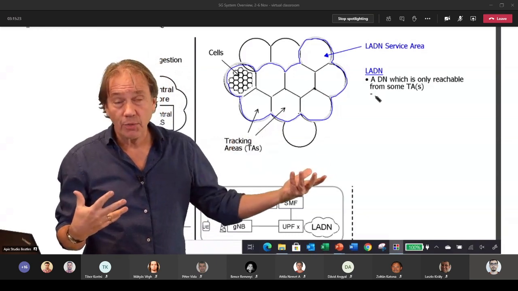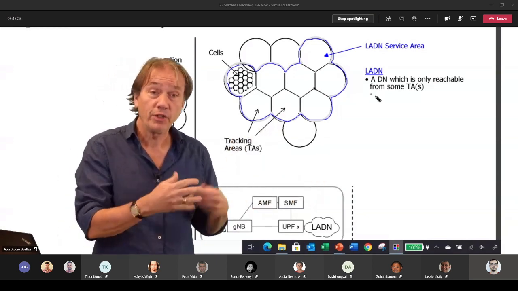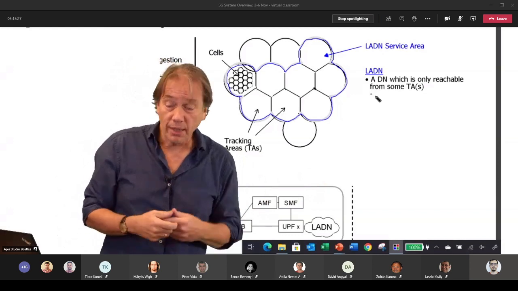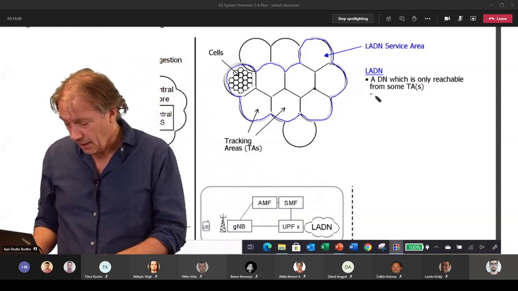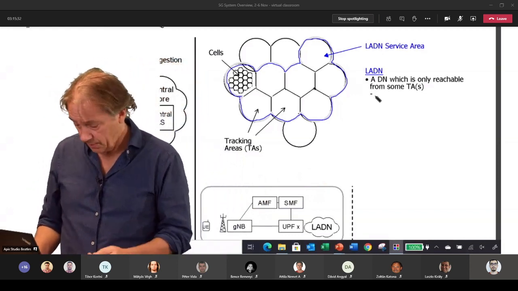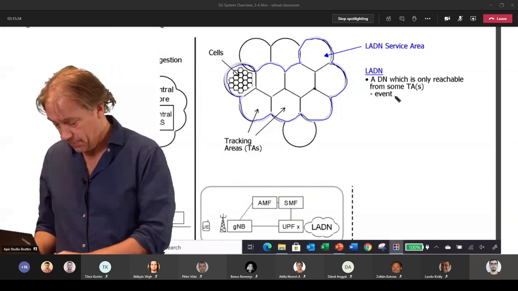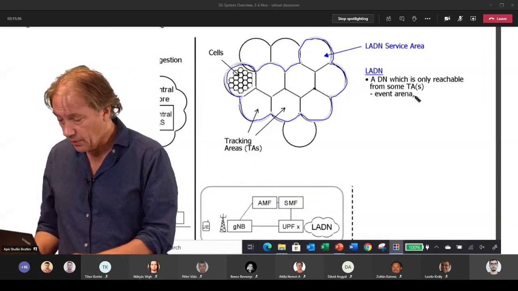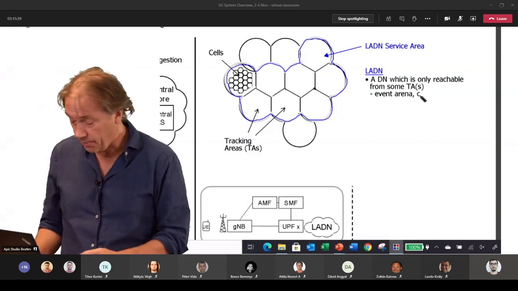People outside the stadium will simply not be able to connect to the stadium data network. So some type of event arena or maybe a university campus.